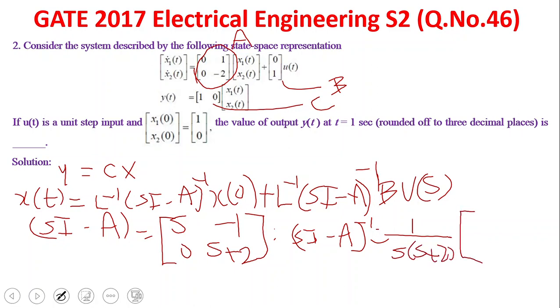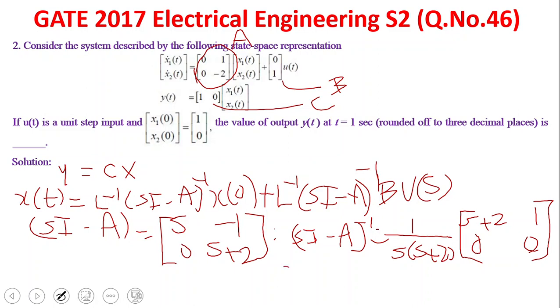Into the adjoint. What is the adjoint? Interchange the diagonal elements and change the signs of off-diagonal elements. That's all. So I have interchanged the diagonal elements, S and S plus 2 have interchanged positions. Then the sign of the off-diagonal element, minus 1, I have made plus 1, and 0, 0.